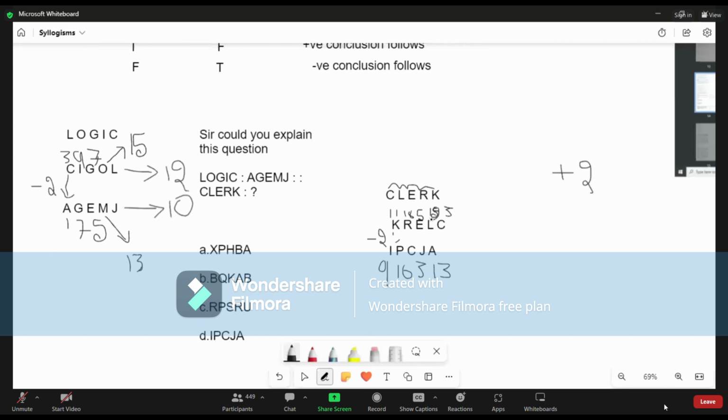So 12 minus 2 is 10, so it has to be J. And for C, it is 3. 3 minus 2 is 1, so A will be 1. So in this logic, we first found it is a reverse, and then we found the logic over there. So is it clear now?